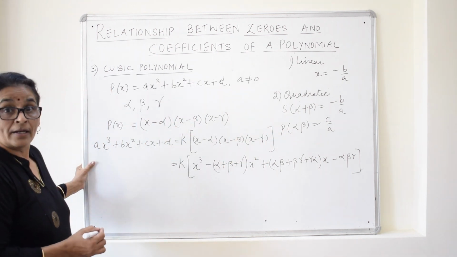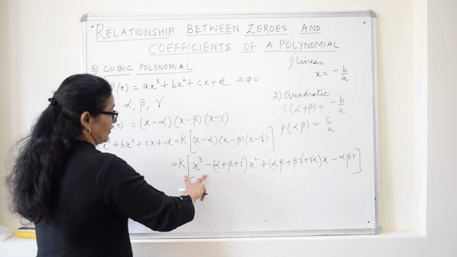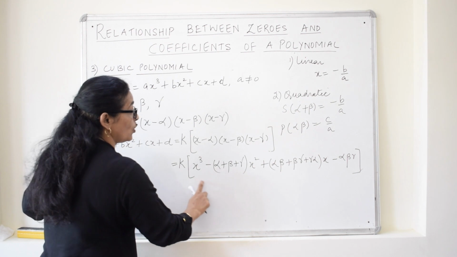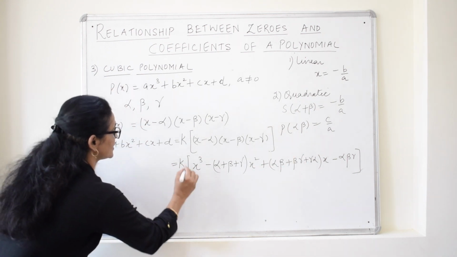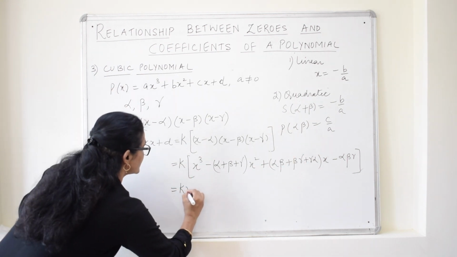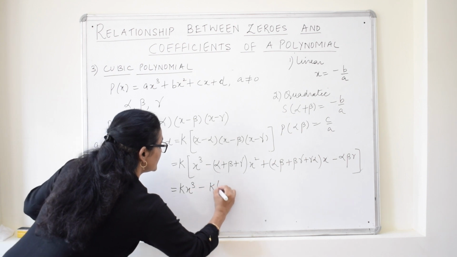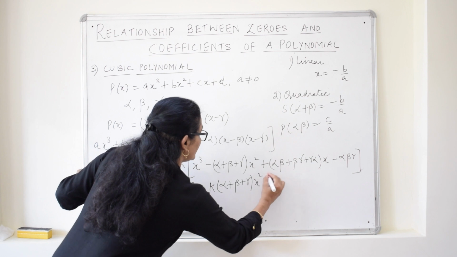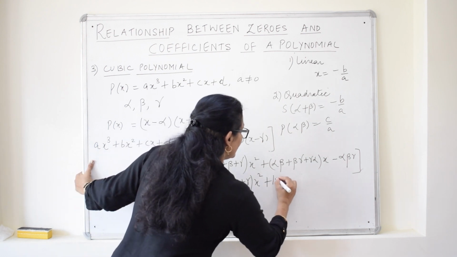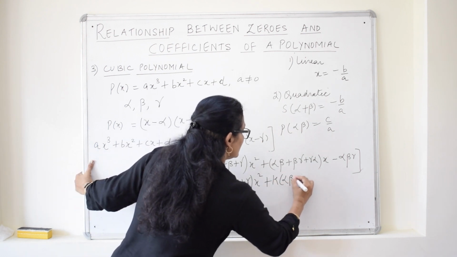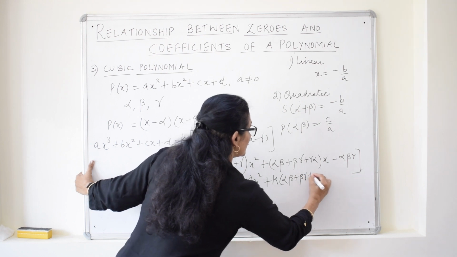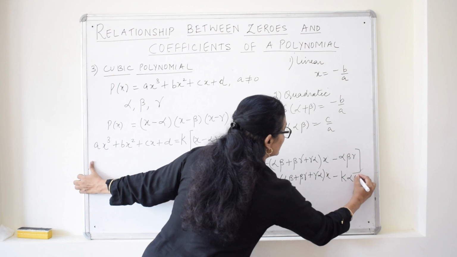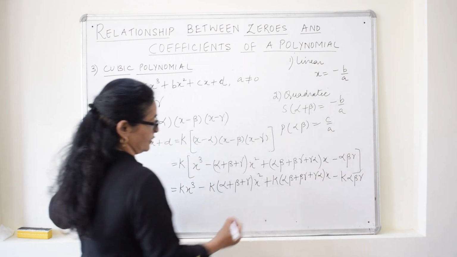Clear? Now, when you write this k, means when you multiply this k by all the terms, this expansion will become kx cube minus k into alpha plus beta plus gamma into x square plus k into alpha beta plus beta gamma plus gamma alpha into x minus k alpha beta gamma.